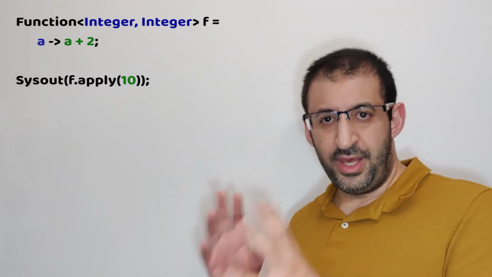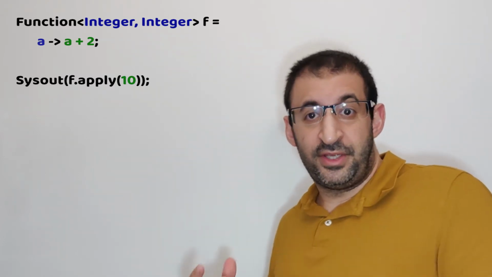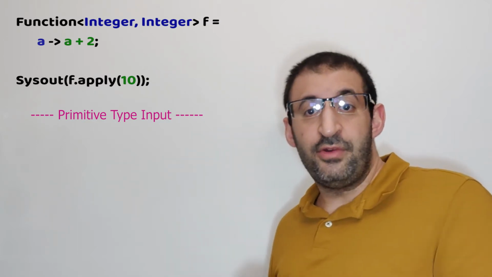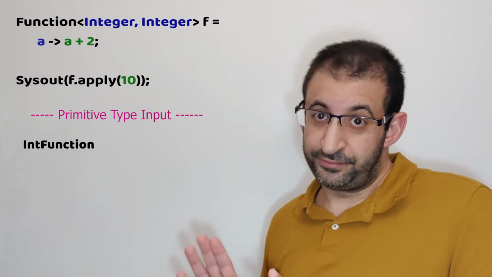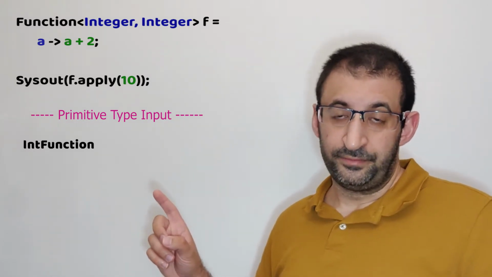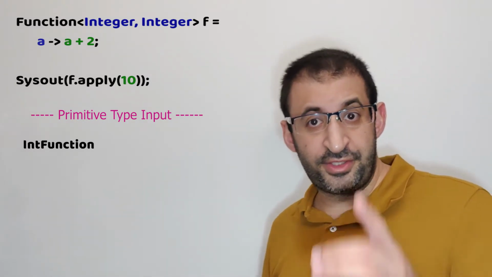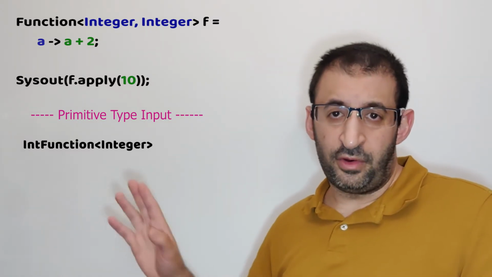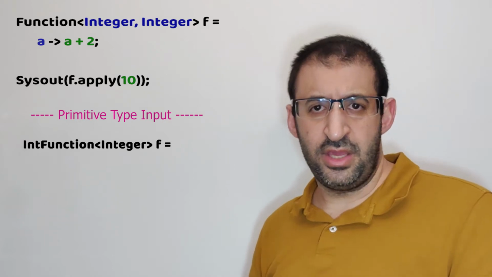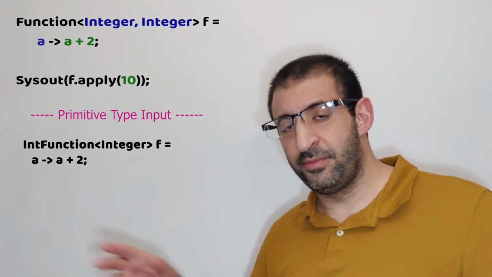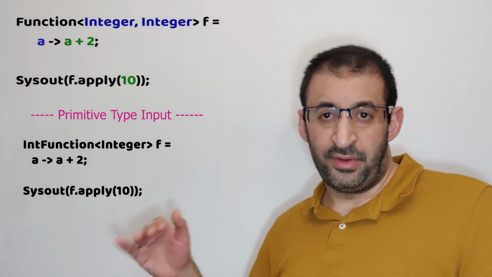So, if I want to give it, for example, primitive type int, here I will use IntFunction, like this, with Integer as the return type. f equals the same thing, a simple arrow a plus 2. And after this, f.apply for 10.